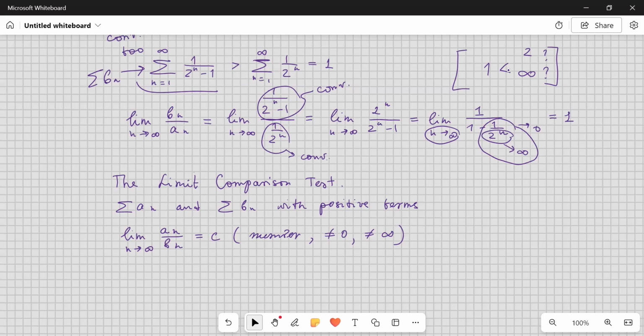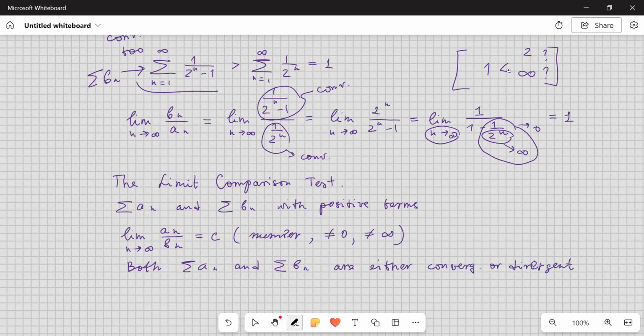Then what is the conclusion? If the series are kind of parallel, just proportional to each other, we're going to say that both AN and BN are either convergent or divergent.